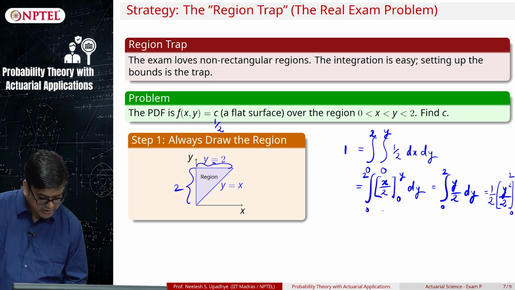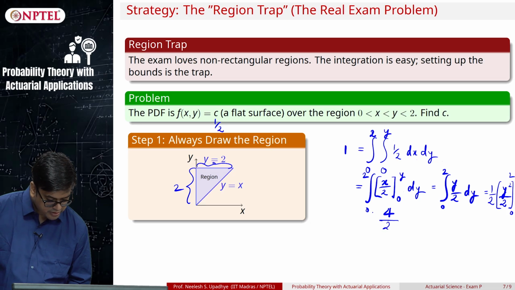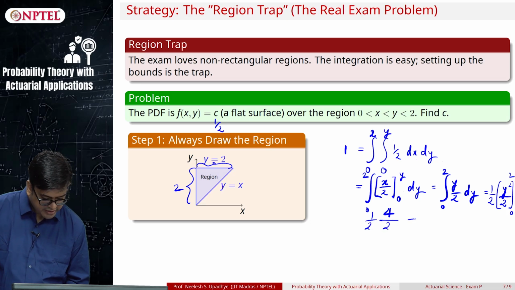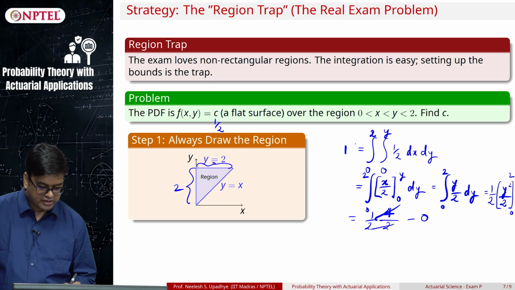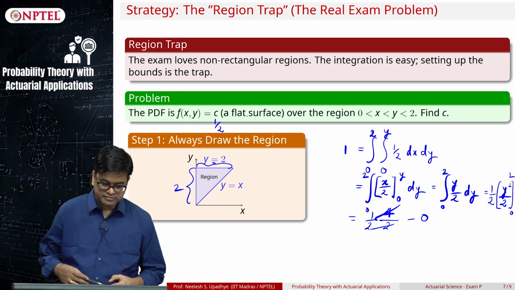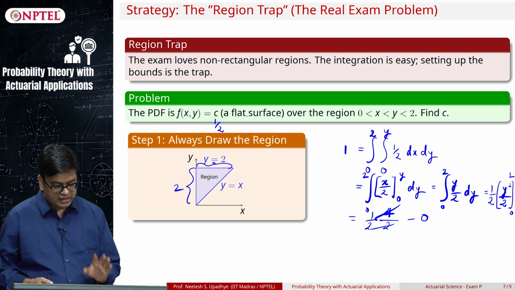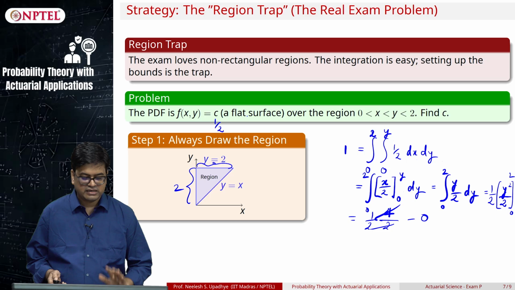Y square will be 4 upon 2 into this half minus 0. So, that gives me 4 by 4, which is 1. So, the answer is 1. That means this C is equal to half is the correct answer. Okay. So, I got the answer to be C is equal to half. So, I have done the sanity check and I got this answer.